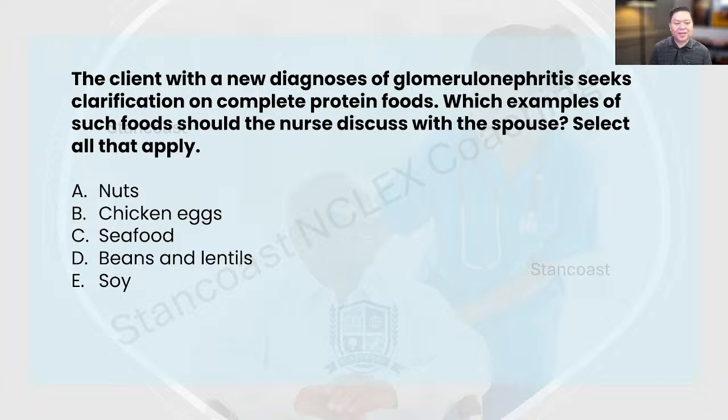Because they're asking for clarification on the complete protein foods. Which of these food items have complete protein? Is it A, nuts? B, chicken, eggs? C, seafood? D, beans and lentils? Or E, soy or soya? Take your pick.